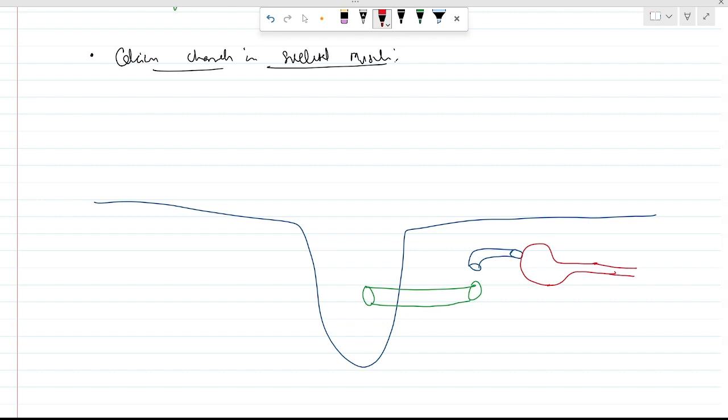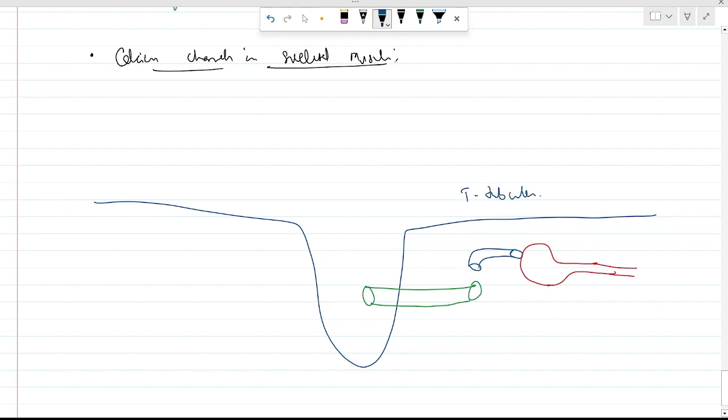Okay, now we have drawn a diagram. Now let's label each part. This first part we have drawn, this is our T tubules.